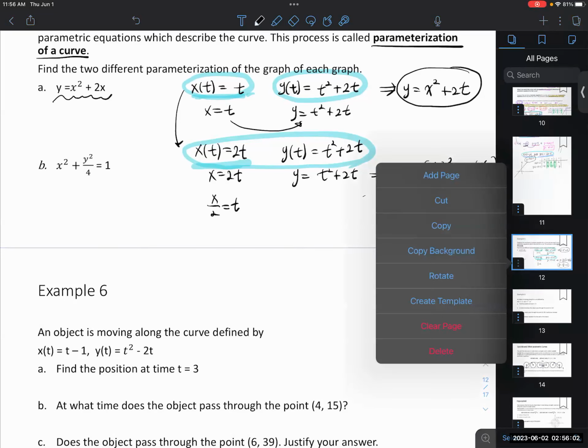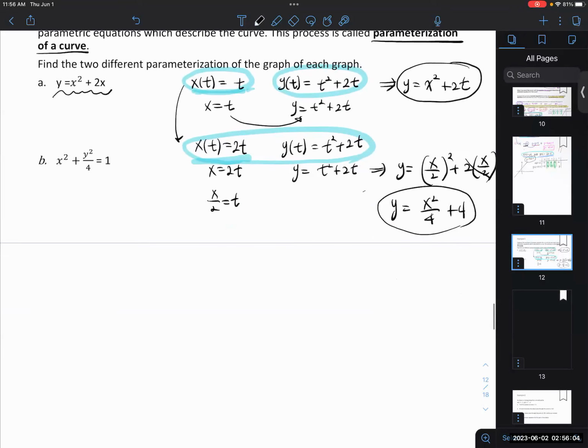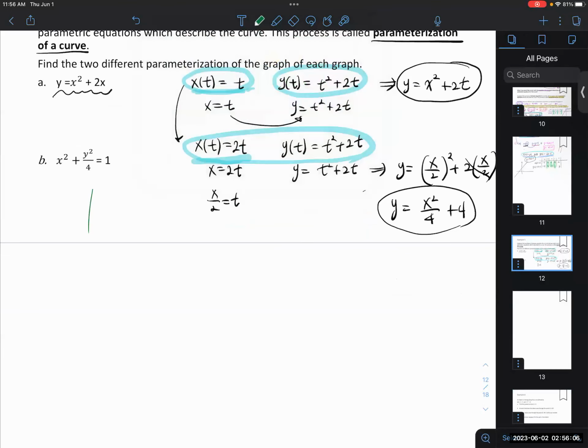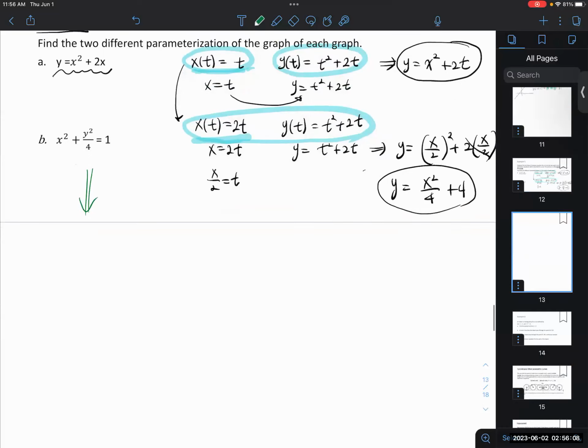The next one. What do you guys think? So I'm going to graph it. This one here, we can think about a little bit. x squared plus y squared over 4 equal to 1. This is actually an ellipse shape. You can think of this as corresponding to sine squared t plus cosine squared t equal to 1, right?